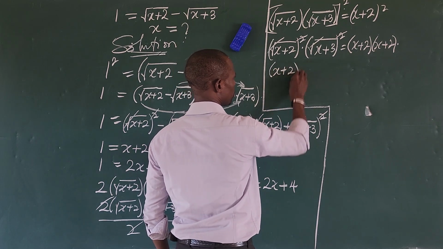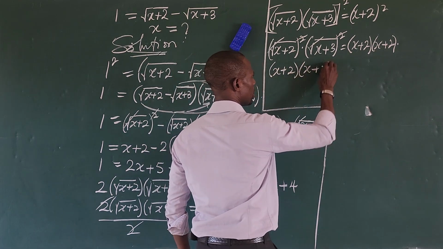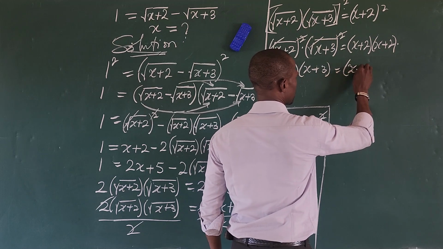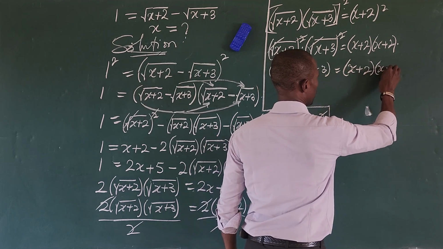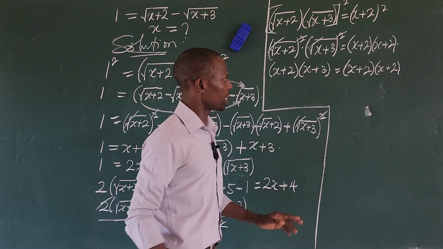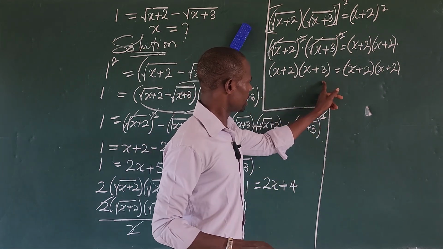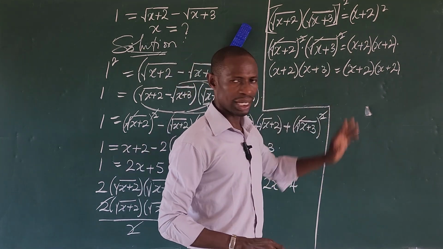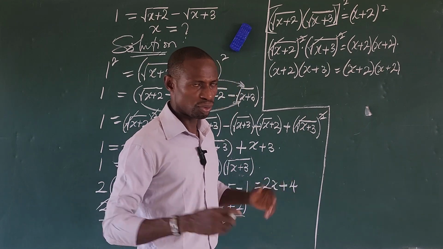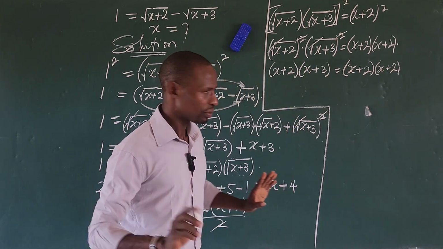So let's write this out. We have x plus 2 bracket x plus 3 equal to bracket x plus 2 bracket x plus 2. Now, this is what I'm saying: here we have x plus 2. You may be tempted to say, let's divide through by x plus 2. If you do that, you will have some challenge. What you do here is just open up this. Straightforward.